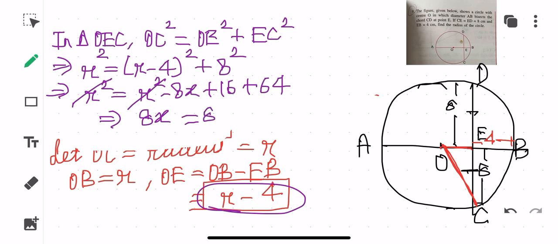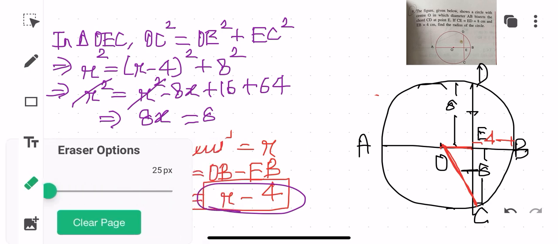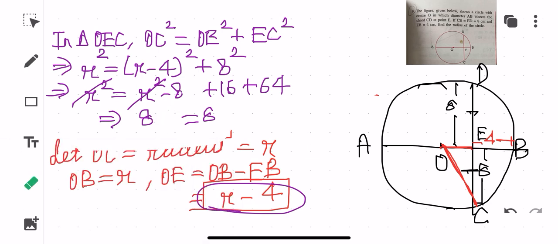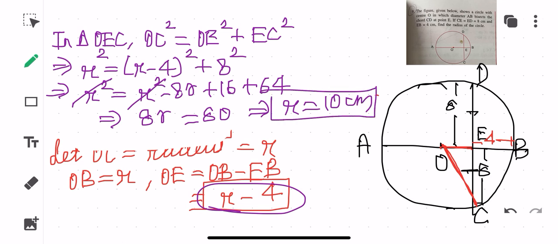Not x, sorry children, we have taken everything in terms of R, so all of a sudden it cannot be x. So write down 8R is equal to 80. So this implies R is equal to 10 centimeter. Okay, so this was an easy one. This is the way you have to find out. The only thing is that you have to consider the radius as R, and then you can easily get the answer.